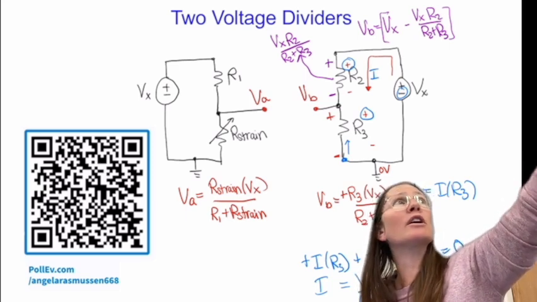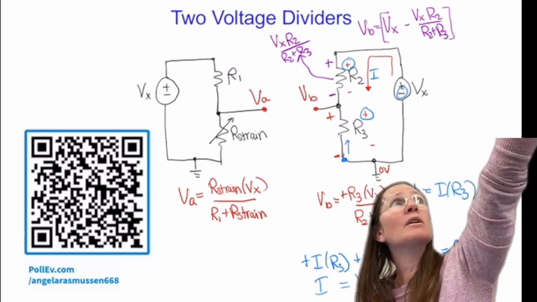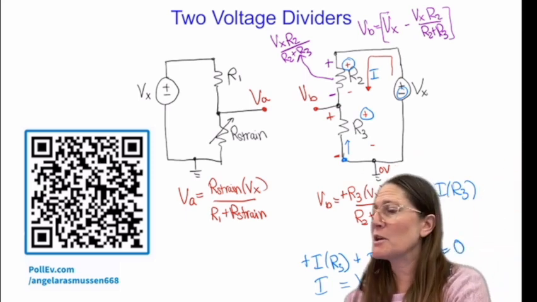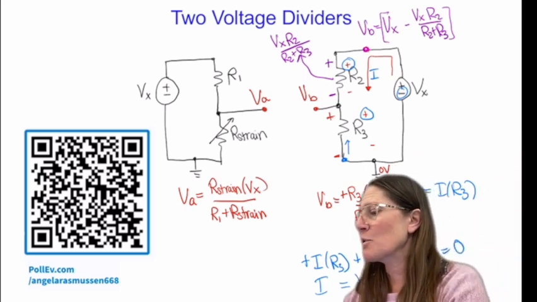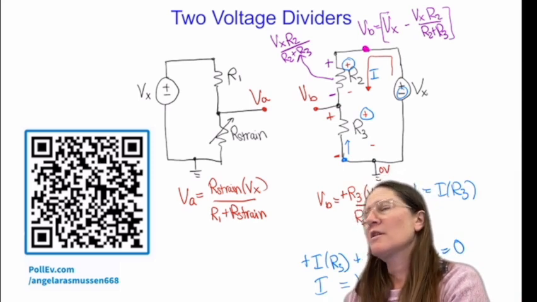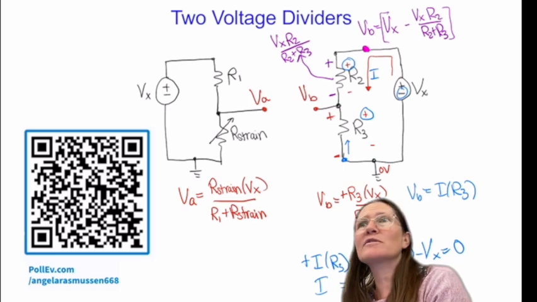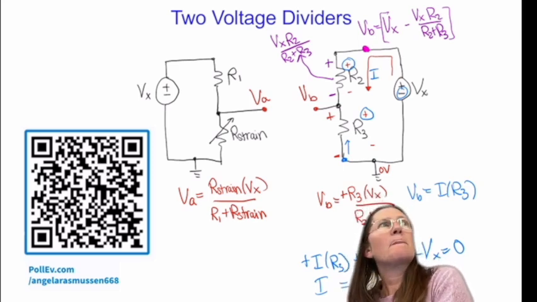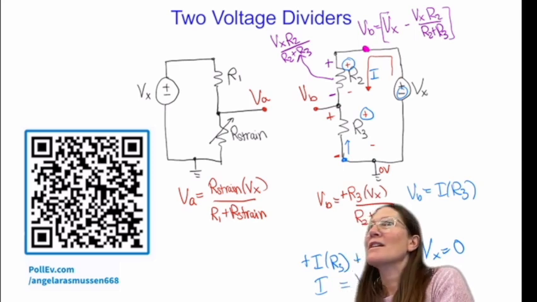So if VB was at the top, then it would just be Vx. If you were measuring here, that would be just Vx. Okay, other questions? Is there another hand?